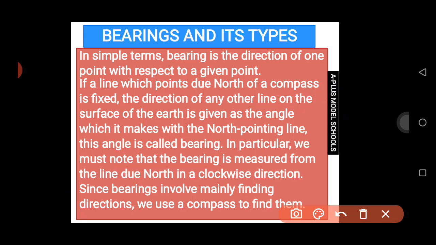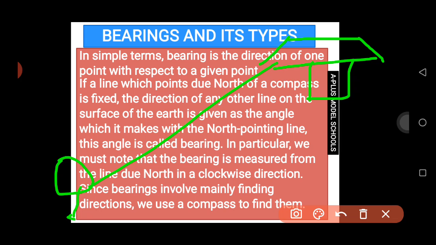Or for instance, assuming there is a building here, and I'm here looking at the building, you can see that my direction is northeast.